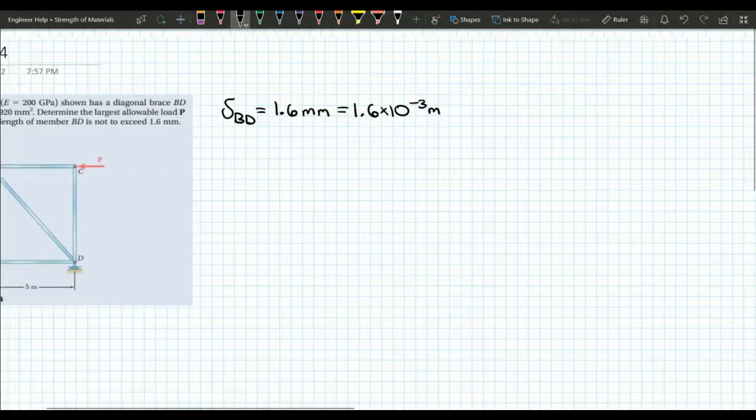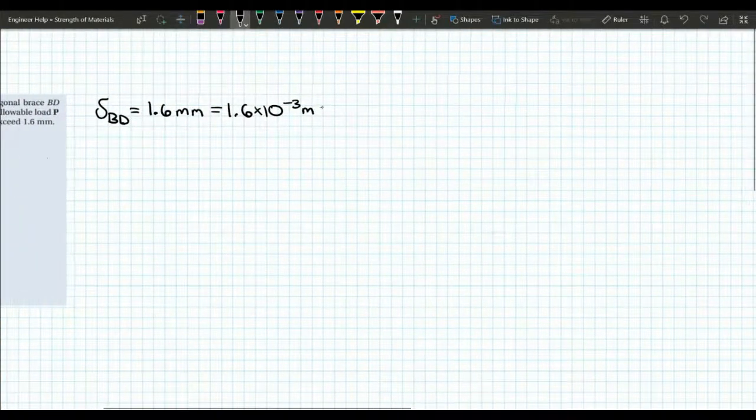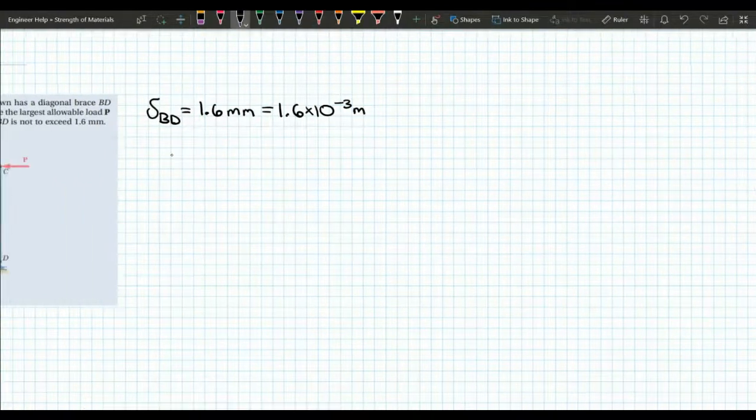All right, so our equation for deflection at BD, let me just write it on a new line. The equation for deflection at BD is equal to the force times the length over the area times the modulus of elasticity for BD.